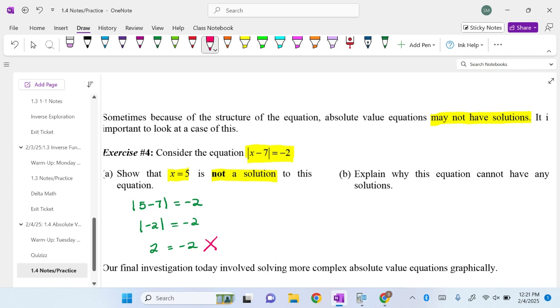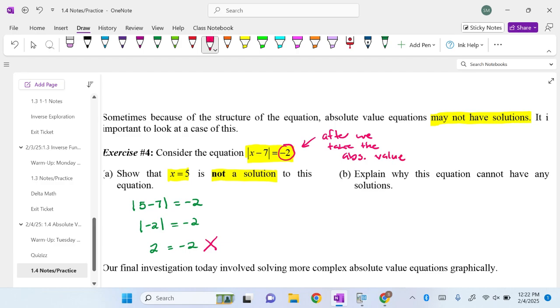So that's the difference. When we separate the two equations, we're saying that this number will give us the negative or positive number on the inside of the absolute value, whereas this number comes from after we take the absolute value.